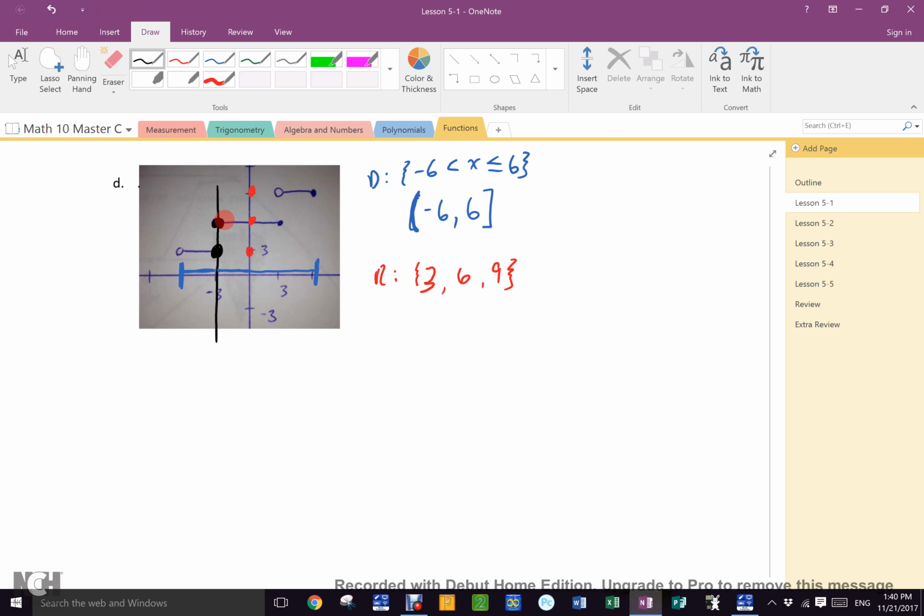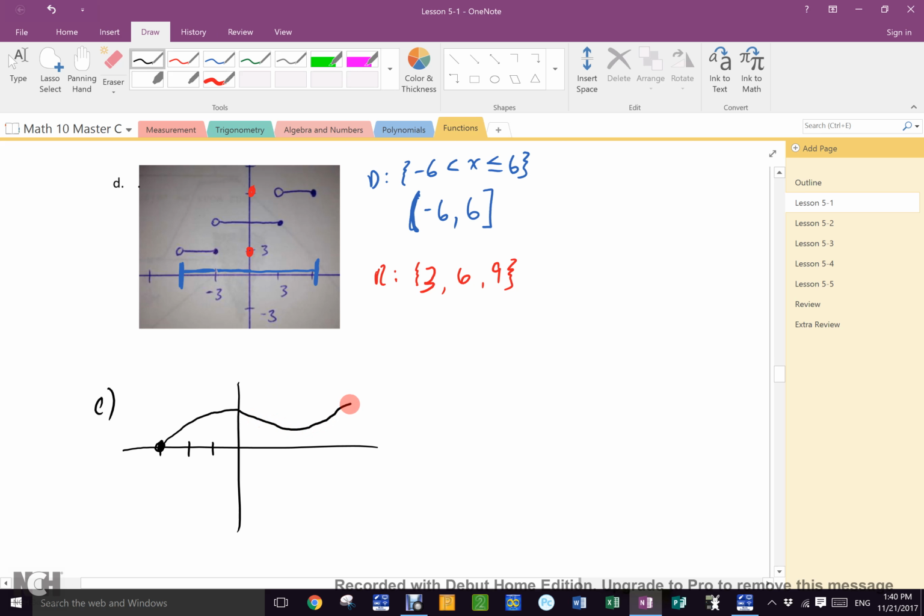Everyone is good? Okay, I want to make a couple of little tricky moves here. So in E, if I have a graph that goes like this, -1, -2, -3, and it's colored in, and the graph goes, and there's an arrow there.